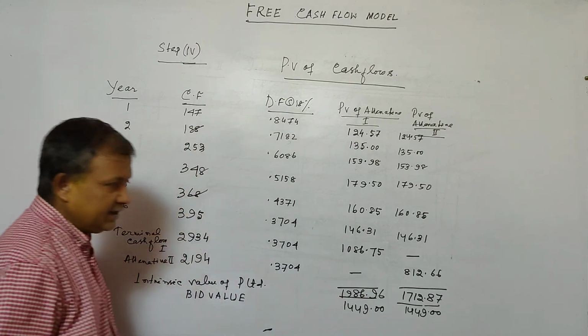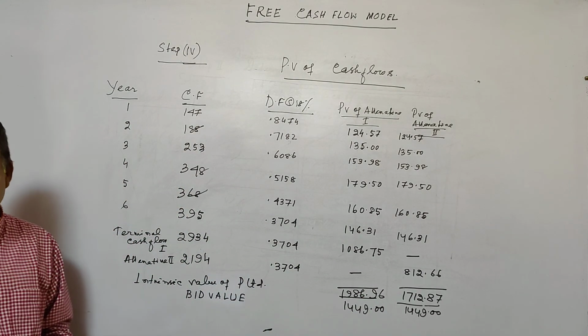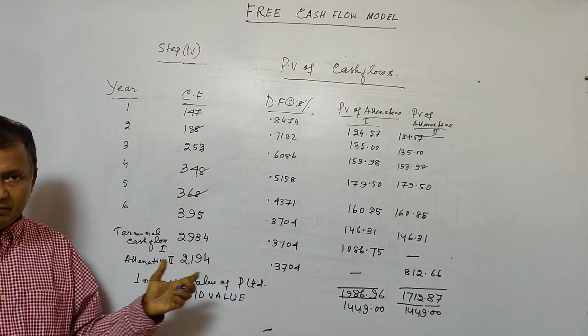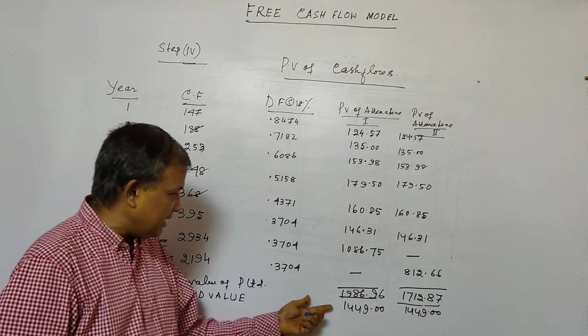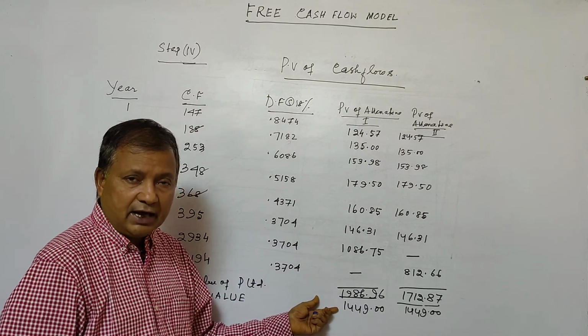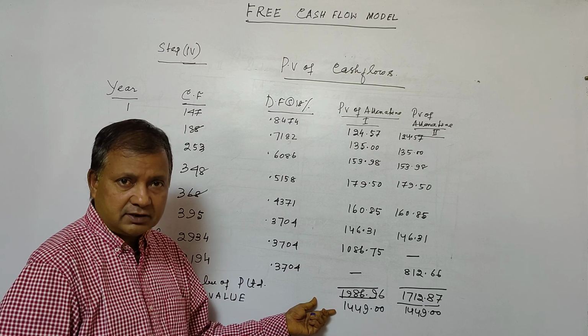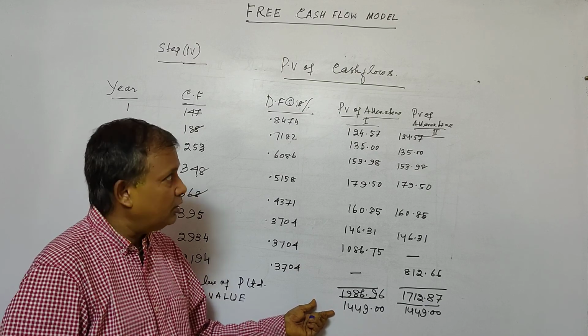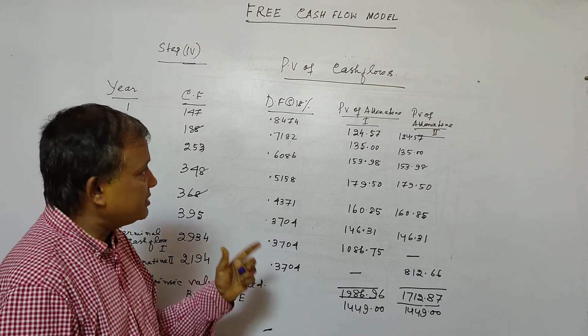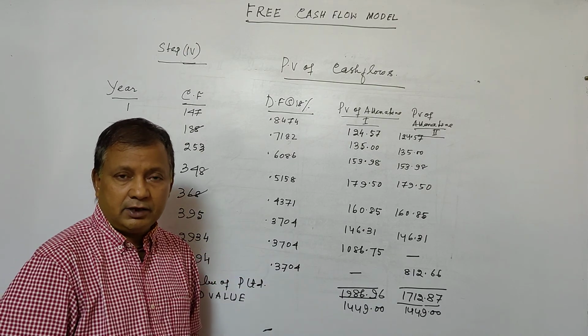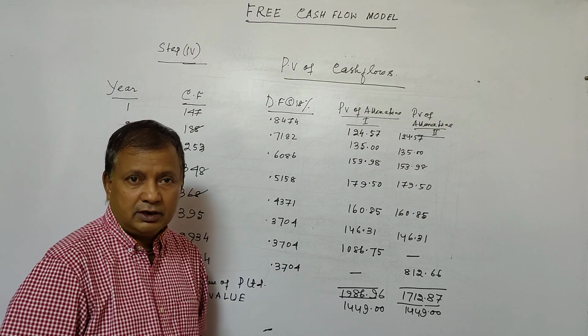In both cases the intrinsic value is quite high compared to the purchase consideration. Therefore, Q limited should purchase P limited and it will add to its value.